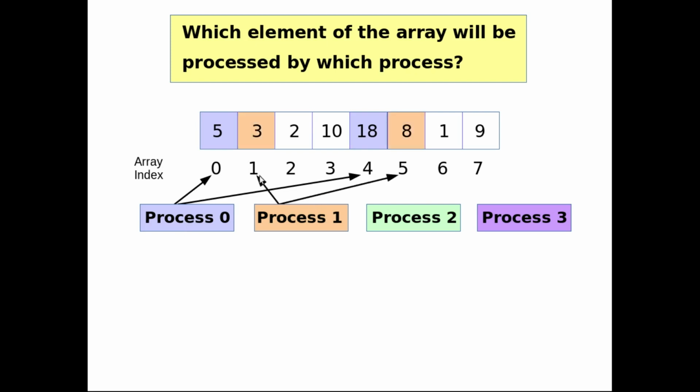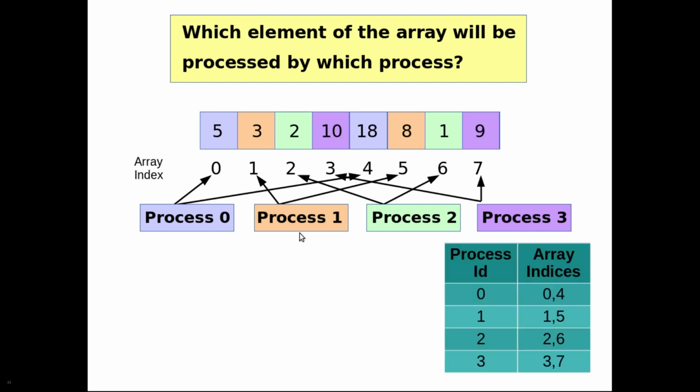Process 1 will add A1 and A5. Process 2 will add A2 and A6. And process 3 will add A3 and A7. So each process is handling 2 elements each.